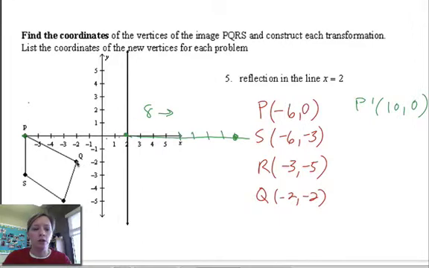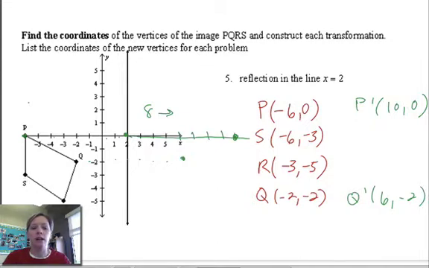For Q, you can see Q is 4 units away. So going over 4 units puts Q prime right about there. Q prime will be at 6, -2.